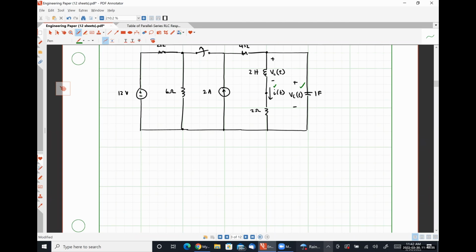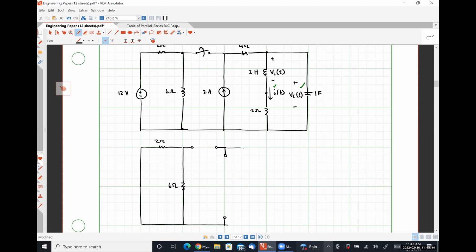A dead network representation would look like this. Our 12 volt source, sorry, I should be using a black marker, is a short circuit. Then we have our 2 ohm resistor. Here's our 6 ohm resistor. We have the open circuit of our switch. We also have the open circuit of our current source.